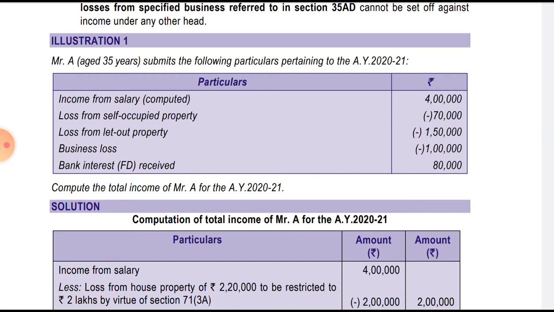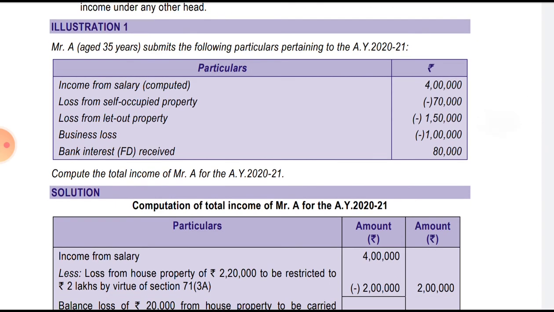Then let out property loss can be deducted against the salary income. Then business loss cannot be deducted from the salary income. Business loss cannot be set off against the salary income. This business loss can be set off against the FD income of 80,000, and 20,000 will be carried forward.